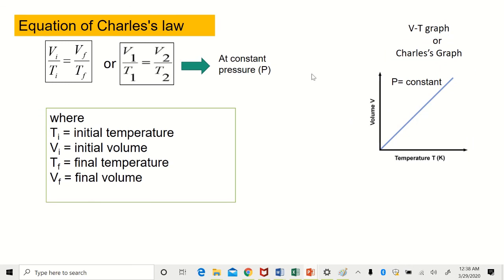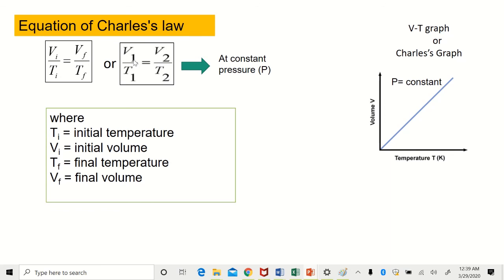Equation of Charles law, or another form of the Charles law. So this is Vi over Ti equal to Vf over Tf, or we can write in the form of 1 and 2: V1 over T1 is equal to V2 over T2. Here this is the initial volume divided by initial temperature, and this is final volume divided by final temperature.